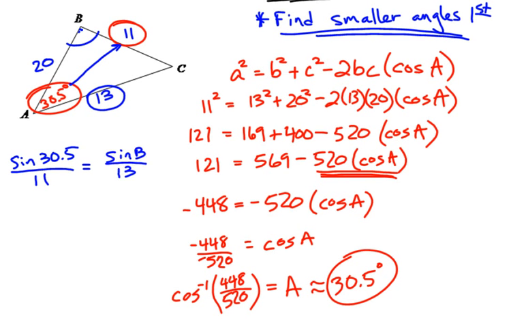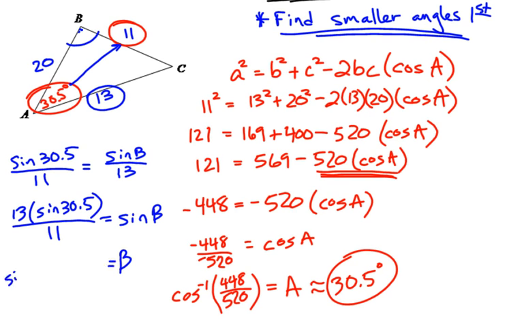We multiply over the 13, so we have 13 times sine of 30.5 divided by 11 is equal to the sine of B. And of course we'll find B by doing the arc sine of 13 times sine of 30.5, all divided by 11. And that will give us angle B.